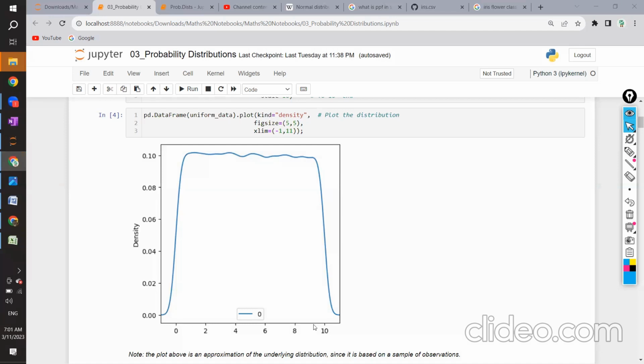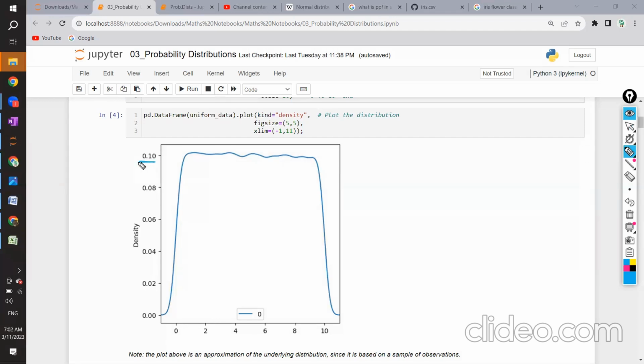Uniform distribution, we are seeing the values. What is the frequency of each and every value over this range? One, sir? No, not the whole, 0.1, guys.